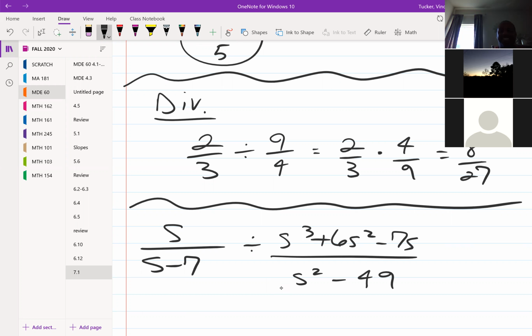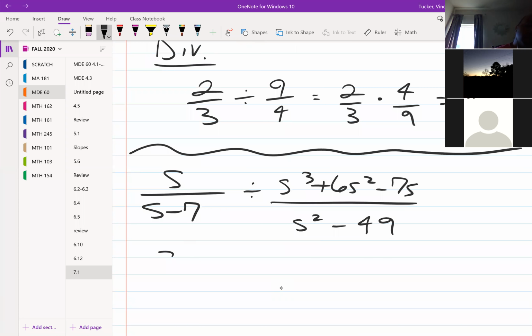It's getting real. So we have s over s minus 9 divided by s cubed plus 6s squared minus 7s over s squared minus 49.